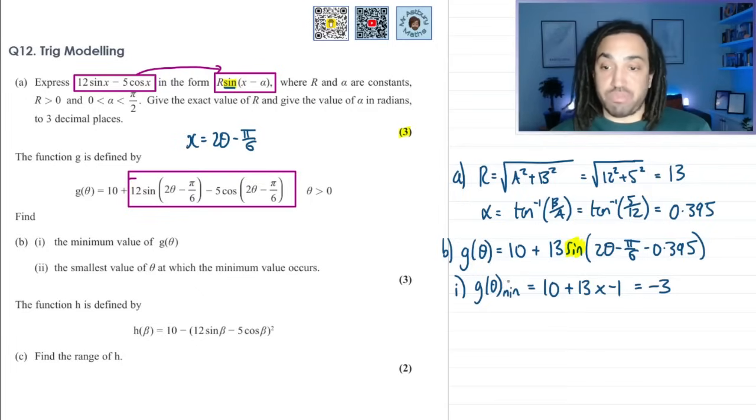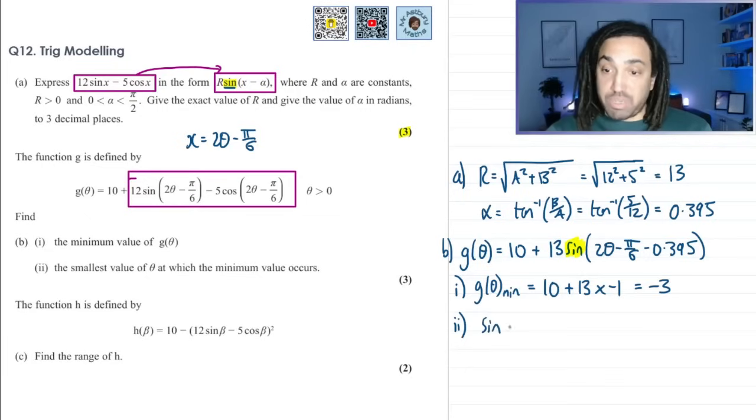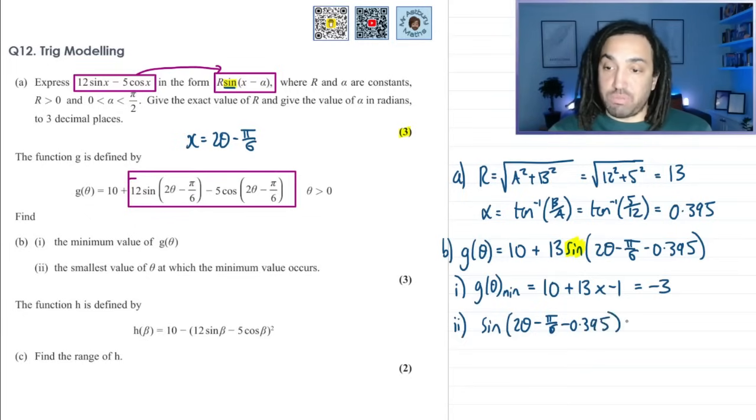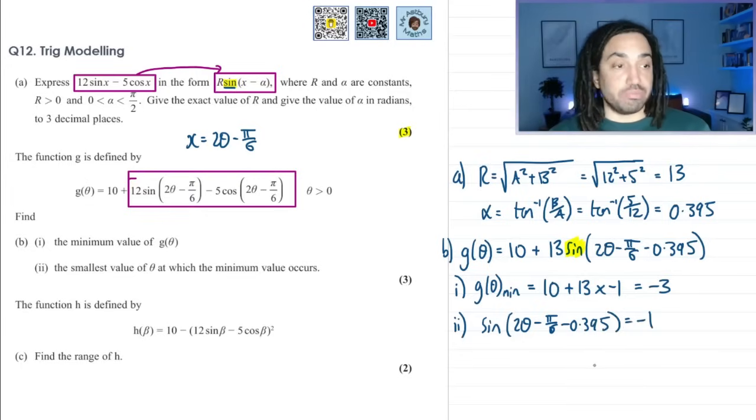And then it says the smallest value of theta at which the minimum value occurs. Fine. Well, what we said was this sine function, we want it to be minus 1. That's when we get the minimum. So if I write this sine function out, like so, then I want this to equal minus 1 because that's where we get our minimum.